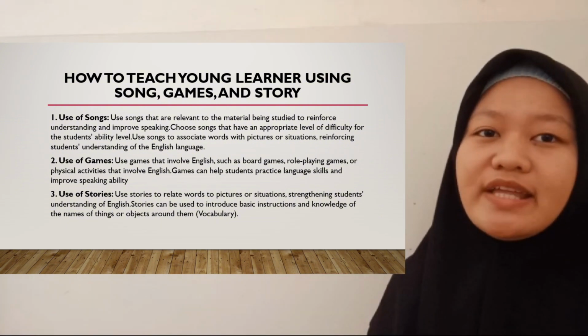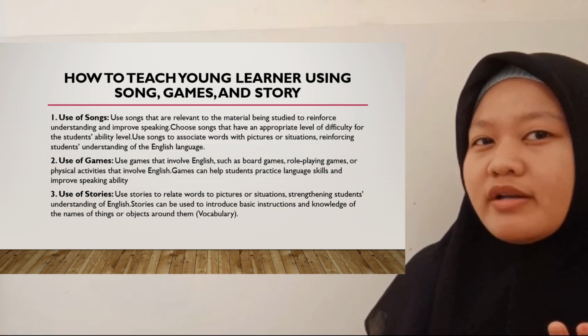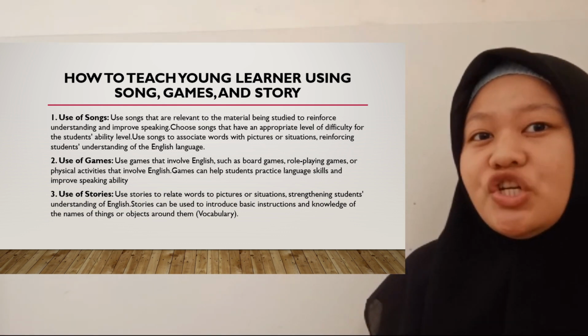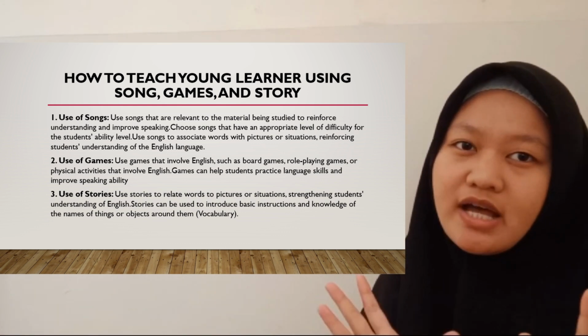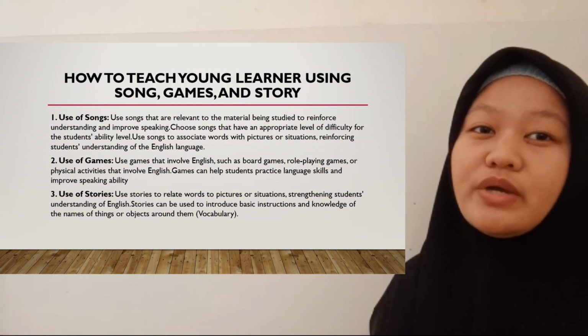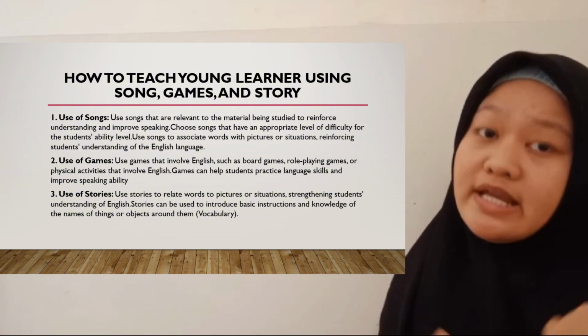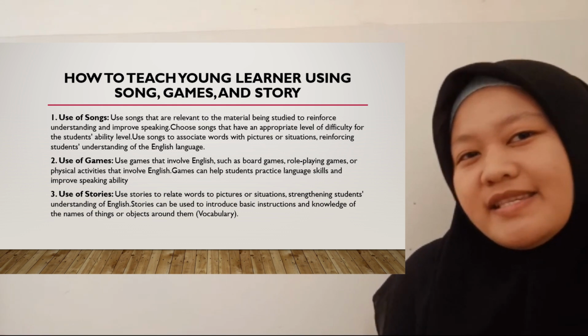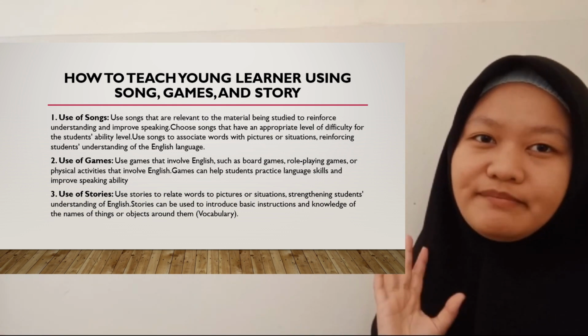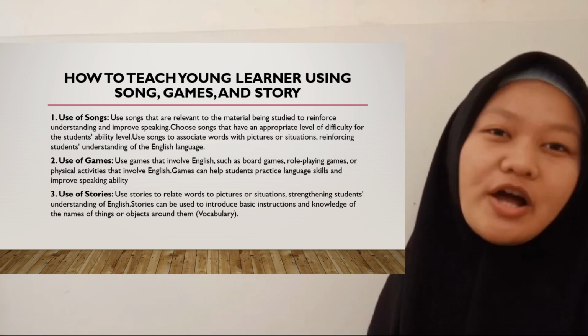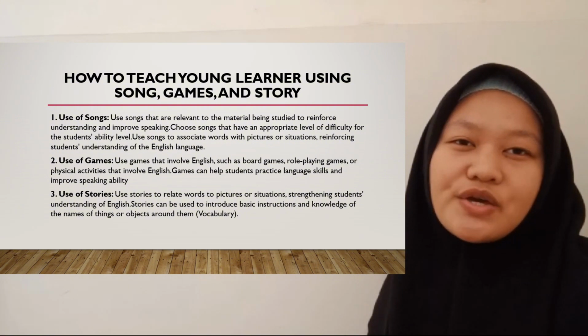Use stories to relate words to pictures or situations, strengthening students' understanding of English. Stories can be used to introduce basic instructions and knowledge of the names of things or objects around them, or vocabulary.